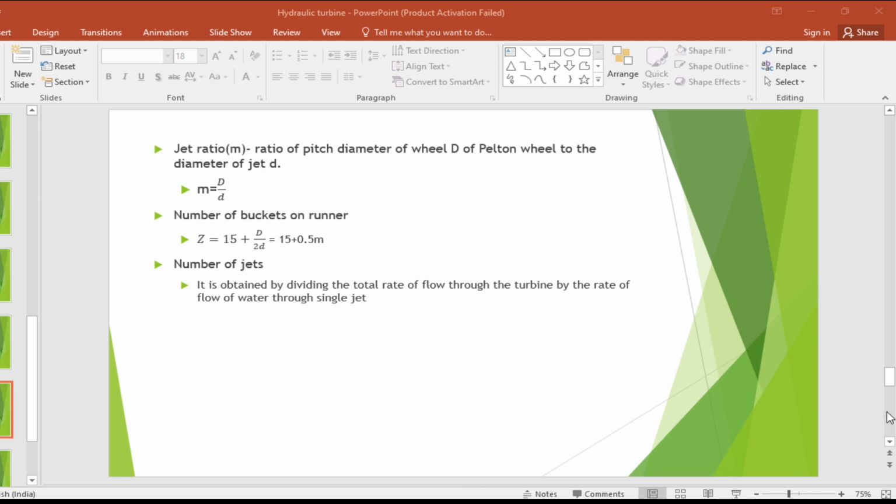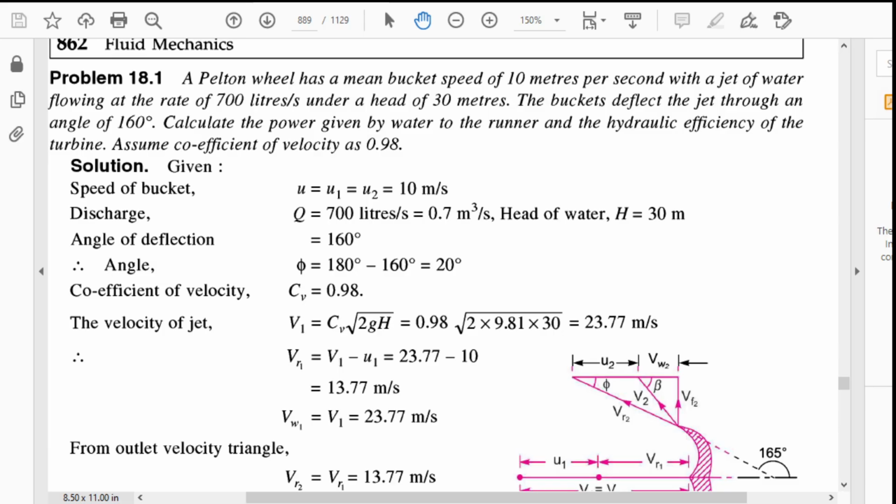So now we'll move further to the numerical. The first numerical is here. A Pelton wheel has a mean bucket speed of 10 meters per second with a jet of water flowing at the rate of 700 liters per second under a head of 30 meters.